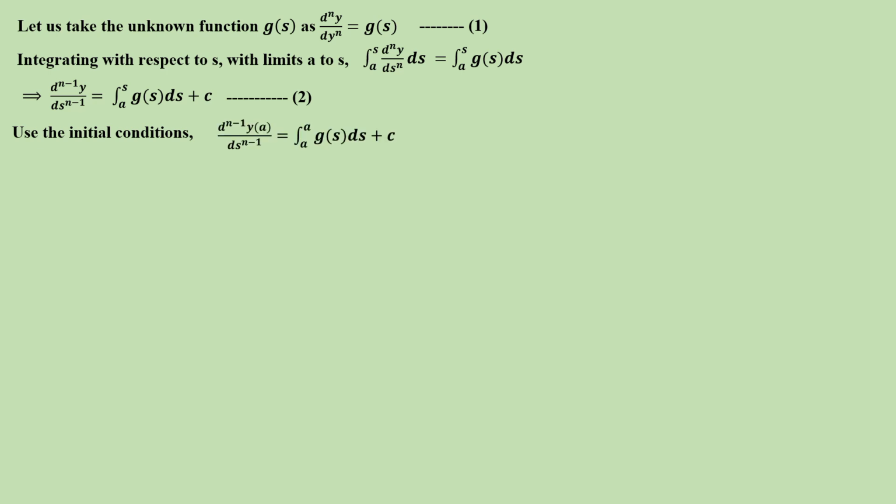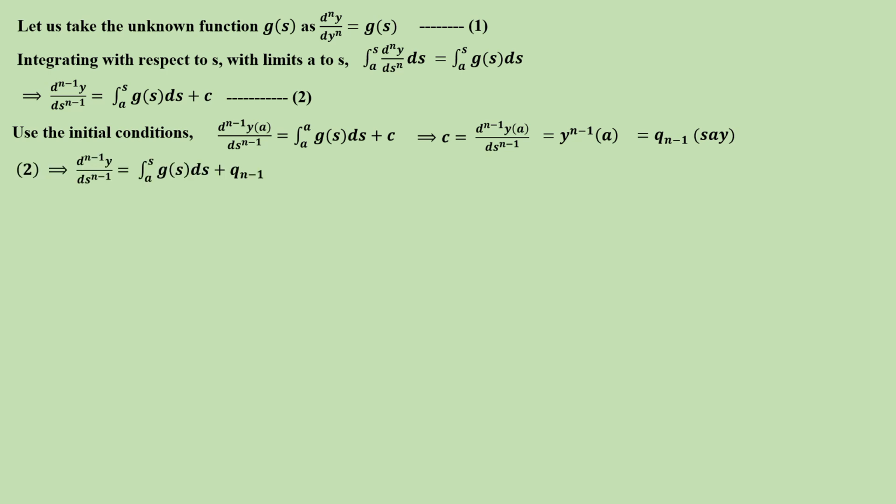Using the initial condition, substituting a, d power n minus 1 y of a by ds power n minus 1 is equal to integral a to a g of s ds plus c. So c is equal to the n minus 1th derivative at the value a, because integral a to a g of s ds is 0. So it is q n minus 1.